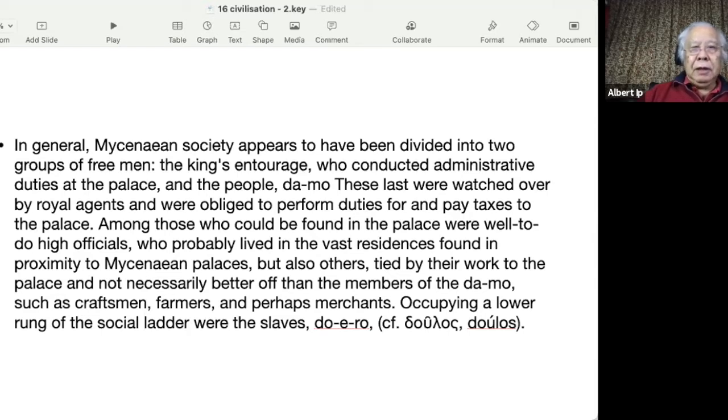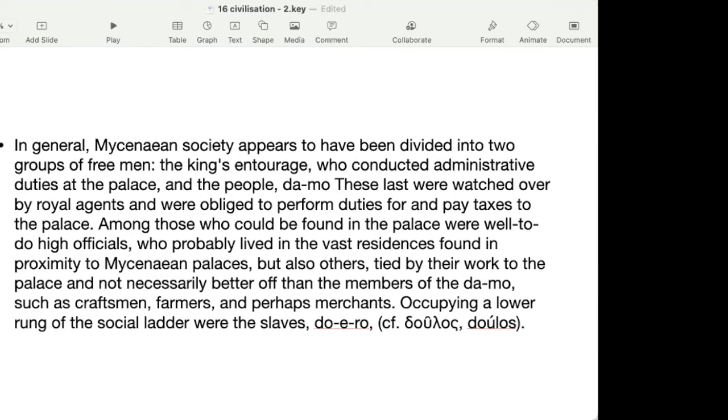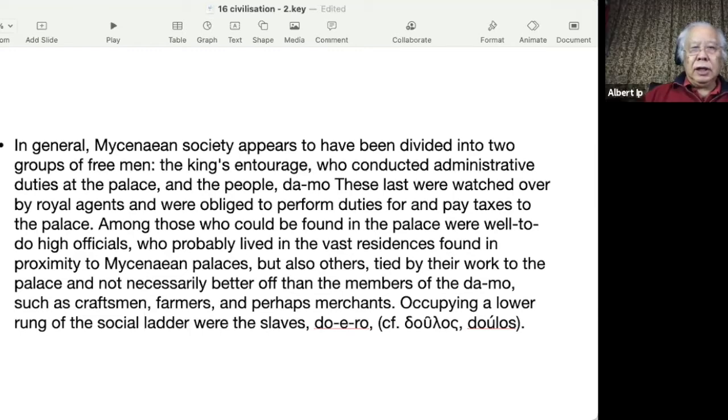Among those who could be found in the palace were well-to-do high officials who probably lived in a vast residence close to the palace, but also others tied by their work to the palace and not necessarily better off than the members of the higher class, such as craftsmen, farmers, and perhaps merchants, occupying a lower rank on the social ladder above the slaves.